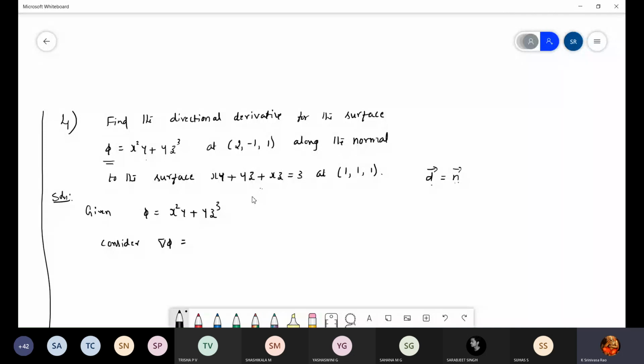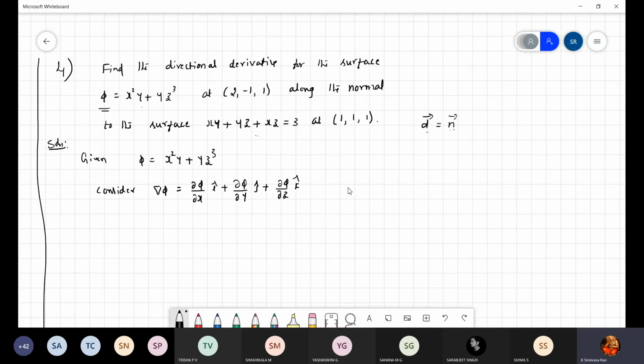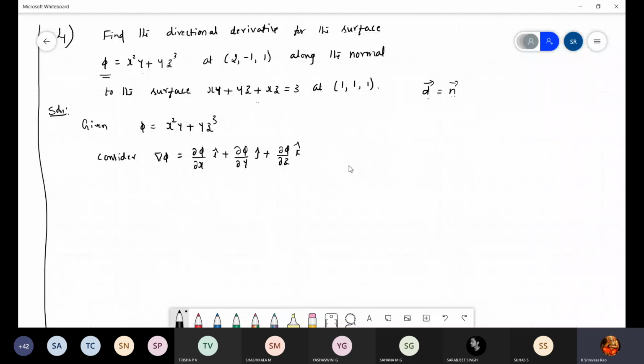Consider grad phi, that is dou phi by dou x i cap plus dou phi by dou y j cap plus dou phi by dou z k cap. You calculate this. I will substitute directly the partial differentiation of phi with respect to x: 2xy i cap, second term 0.